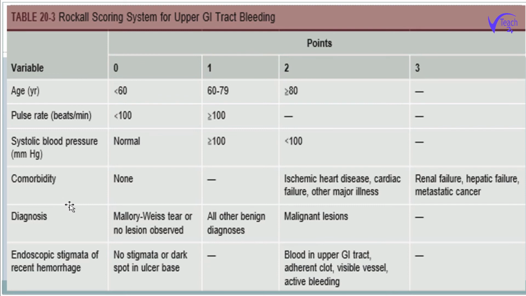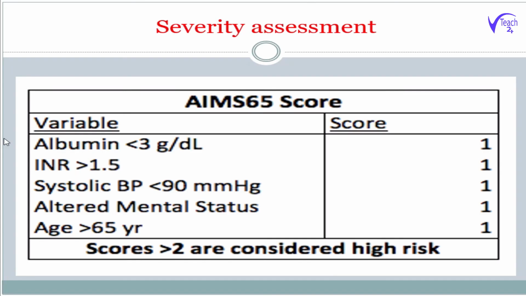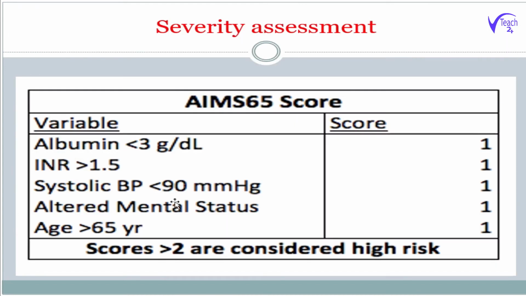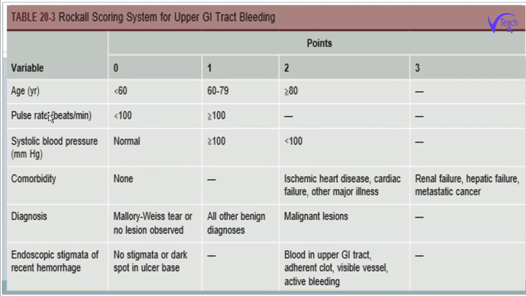So while managing a patient, age is a necessary factor, and systolic blood pressure definitely. Almost all three assessment scoring systems keep in mind the systolic blood pressure, then pulse rate. So these are the severity assessments.